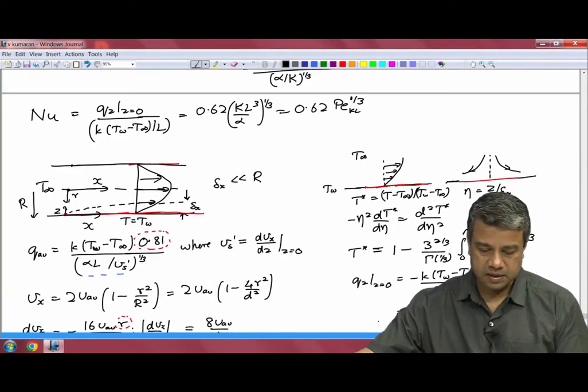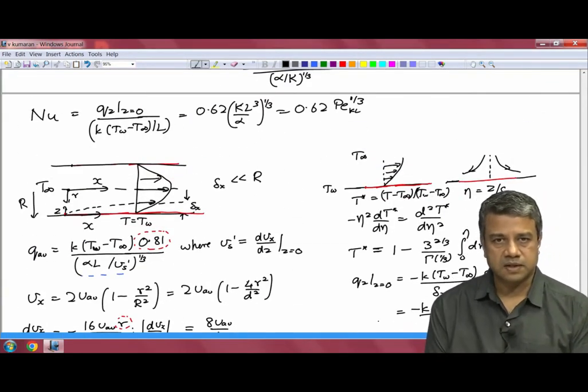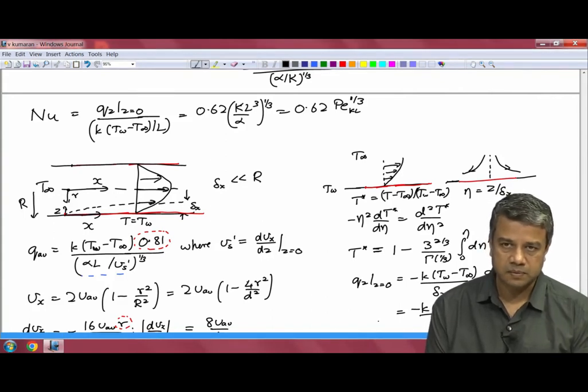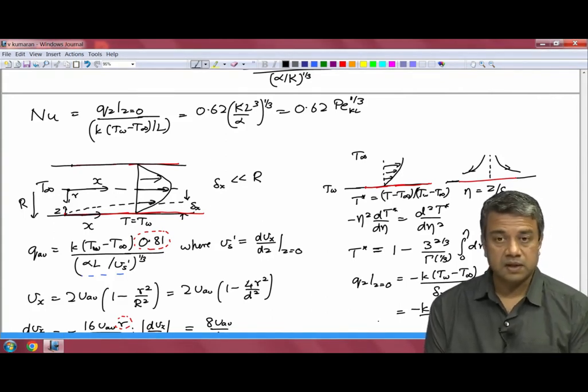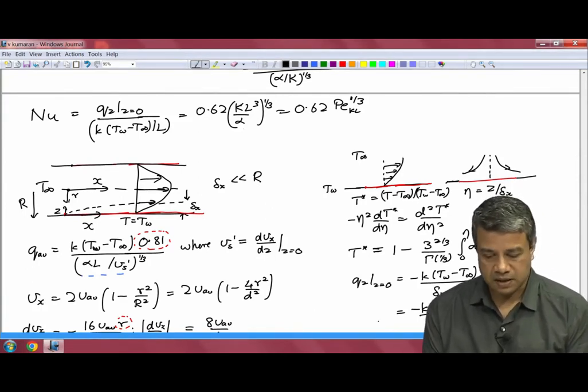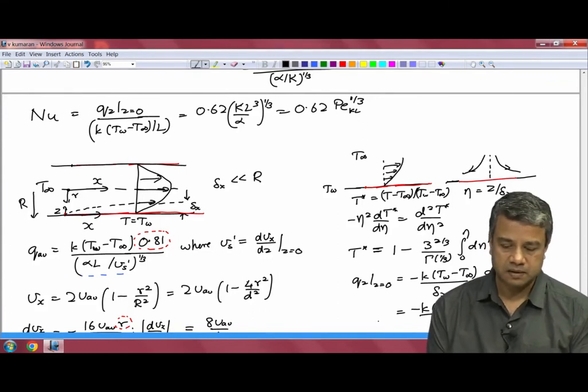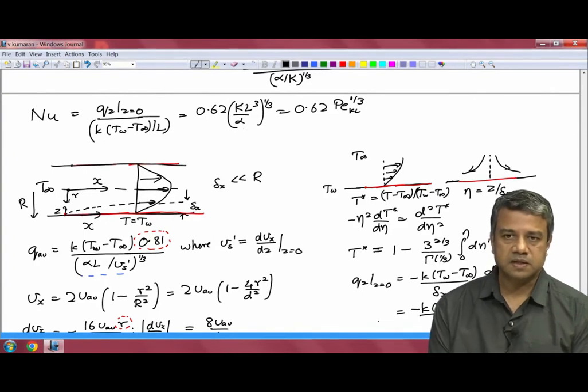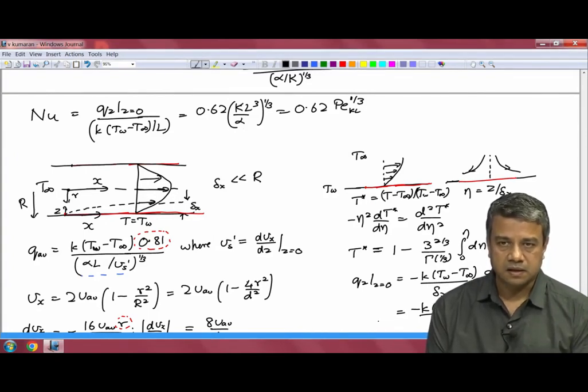Recall that when we started doing the analysis, the assumption was that the boundary layer thickness is small compared to the radius. Only then could we use the same expression for the heat flux from the surface as we had for the flow past a flat plate. That expression could be used only when the thickness is much smaller than the radius of the pipe, so that you can consider it as a flow past a flat plate.